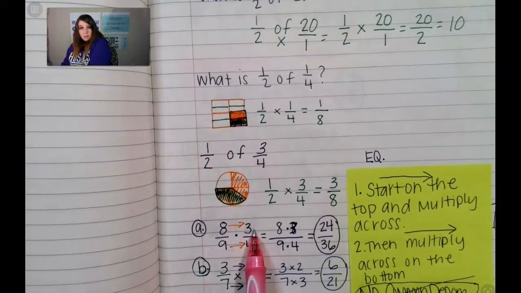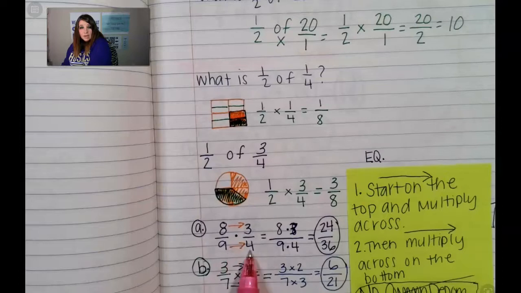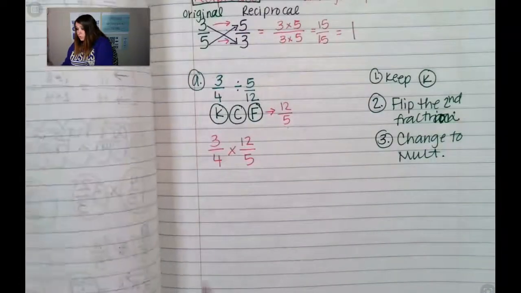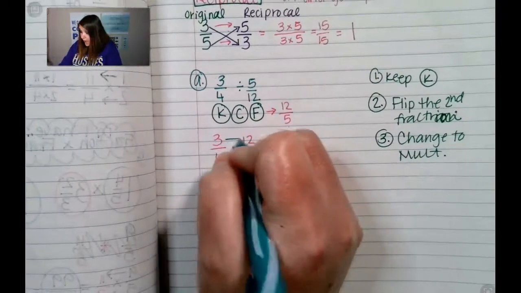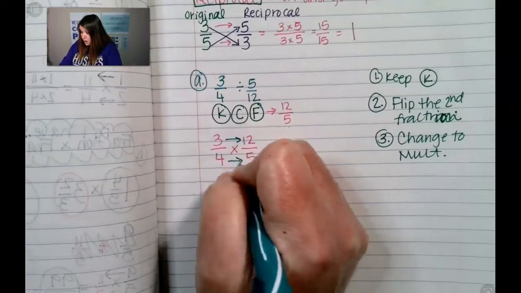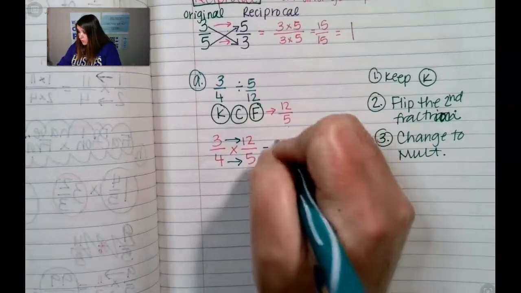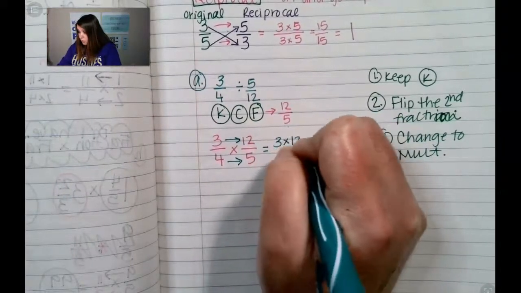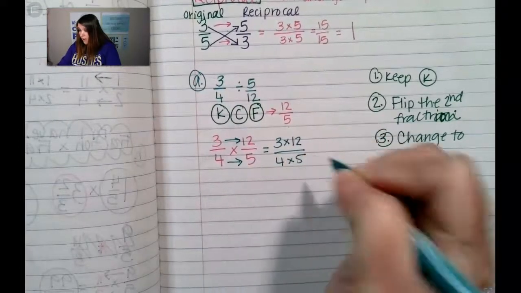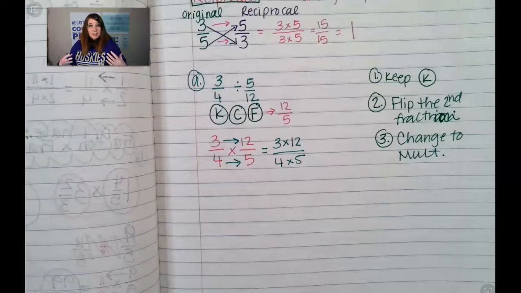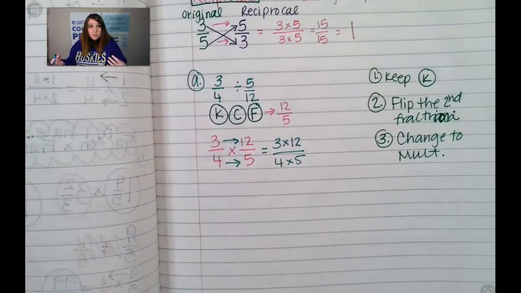We just multiplied straight across. You have these tools in our tool belt, and we're going to use them. 3 times 12, and this becomes 4 times 5. So division is really flipping and multiplying.